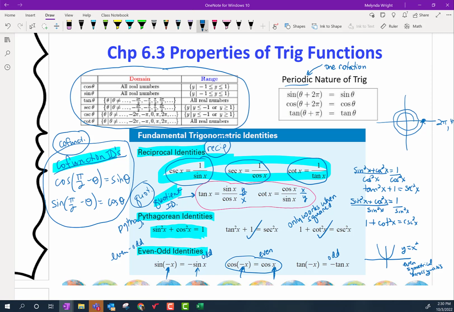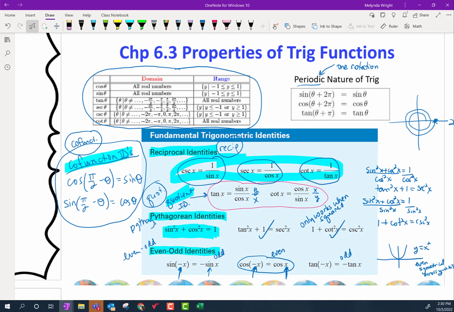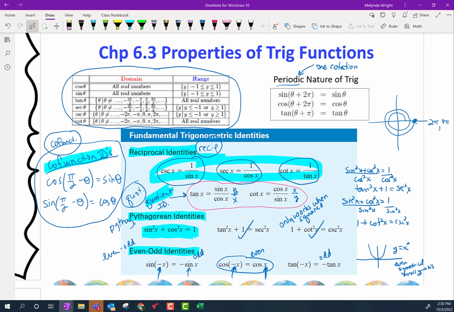This is back on our lesson from 6.3. Any questions about that? You can take a picture of this slide from way back when. That's actually what I did. I took a picture of it and put it right next to it so I could write on it and add the co-function identities. Whatever is most comfortable for you, you need to be able to reference those.